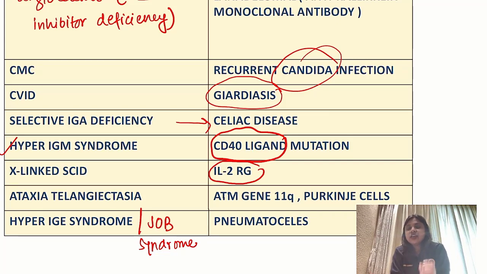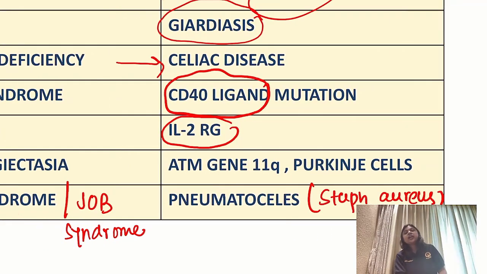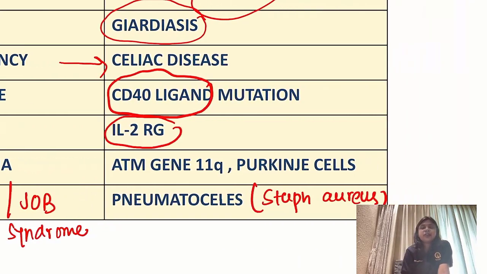Can you tell me the most common cause of pneumatocele? The answer is Staphylococcus aureus. The most common cause of pneumatocele is Staphylococcus aureus, and pneumatoceles are found in hyper IgE syndrome.